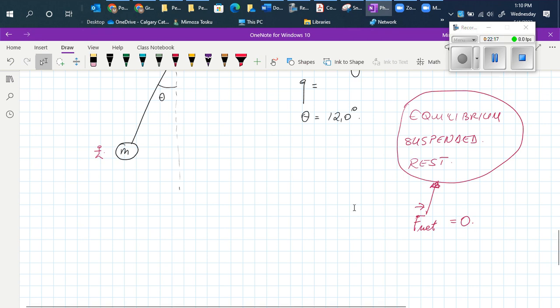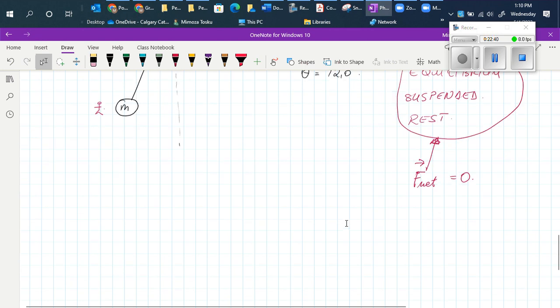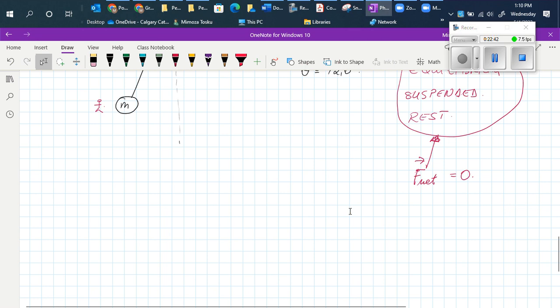Since force net is the vectorial sum of all the forces that the object is experiencing, a natural step is to see what those forces are. And how do we see that? By drawing the free body diagram.